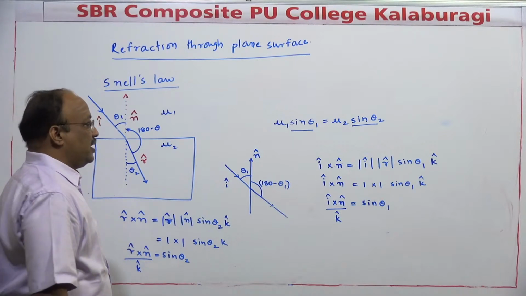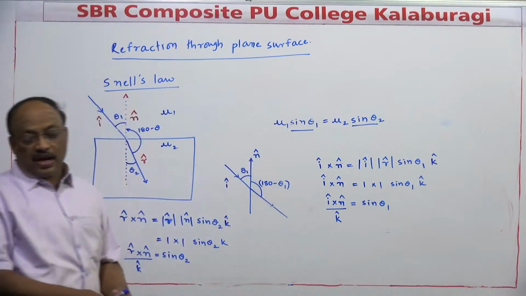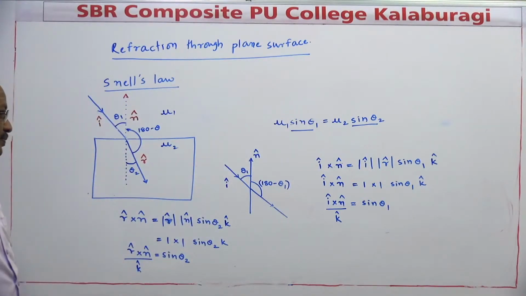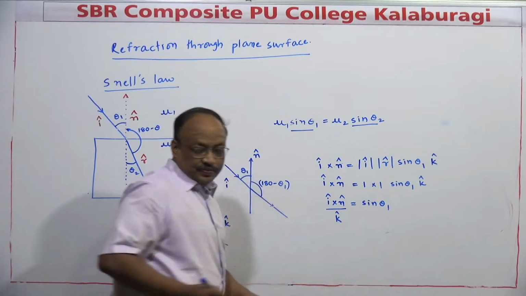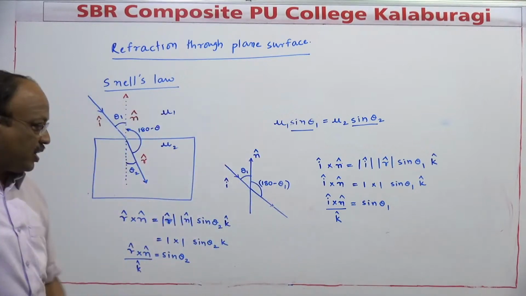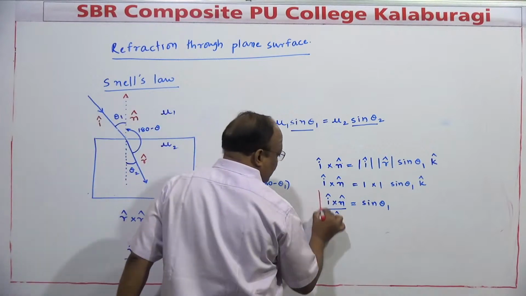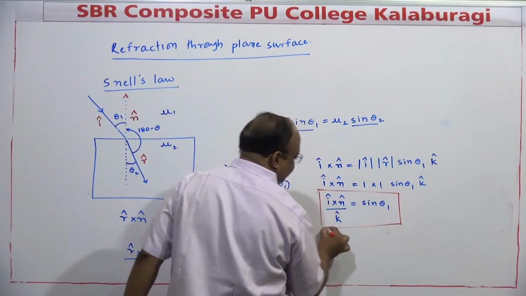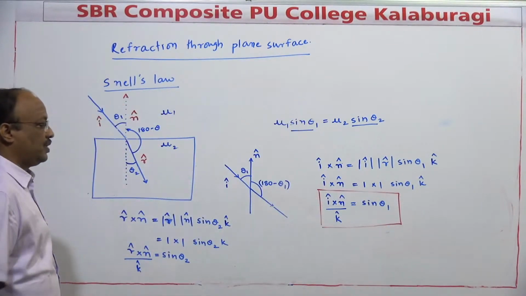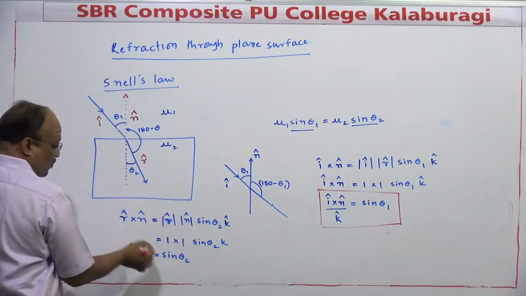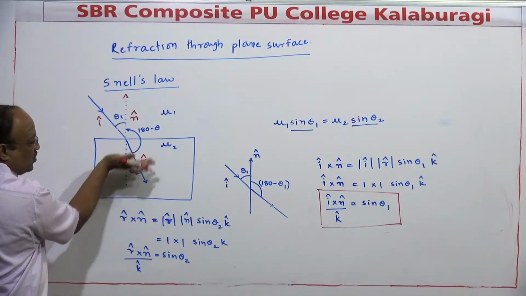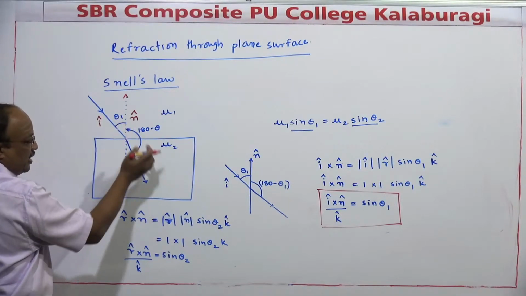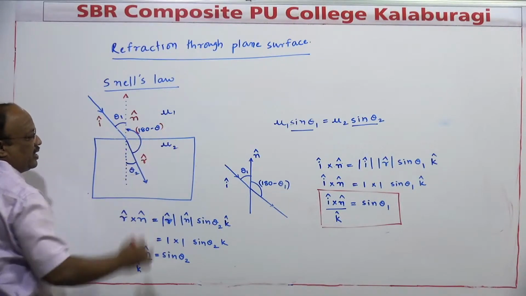So substitute these things in our Snell's law. So this is the value of sine theta 1. I can write it like this. So the value of sine theta 2, when this is theta 2, I have to take from R to n. So this is 180 minus theta.